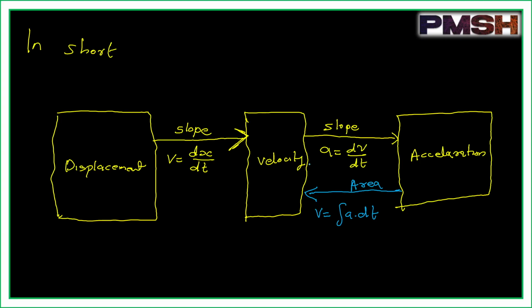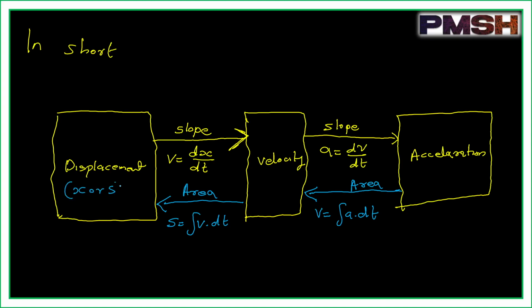Now, from the velocity time graph, you want to move to displacement. So what will you do? You will again find the area of the velocity time graph. So the equation for displacement is integral V dt. You can put either x or s, that's your wish.